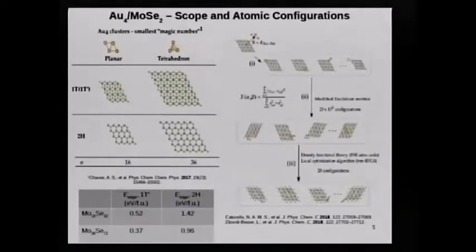And we have taken 1T and 2H polytypes, and 16 formula units is also a magic number. So they are very stable systems, not in contact. So it is important to take this kind of system because we can see how those particularly stable systems change their geometry due to the adsorption.